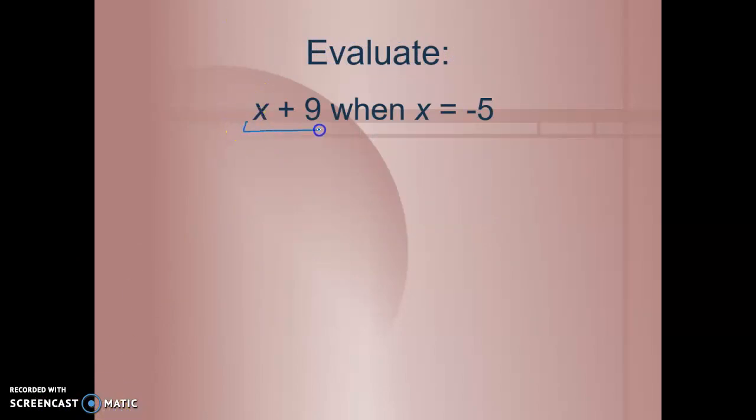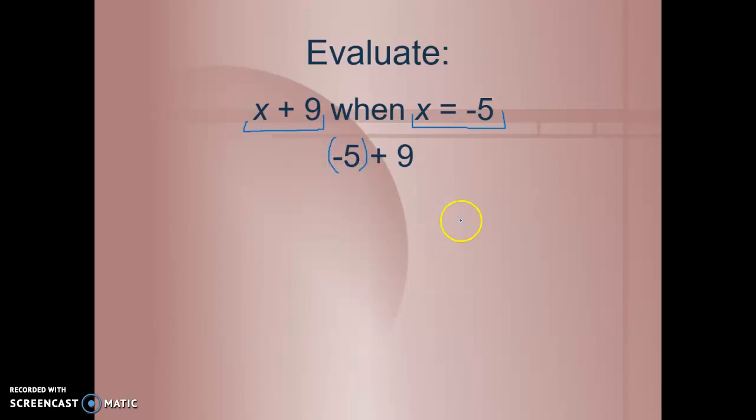You've been given the expression x plus 9, and you're being told to evaluate it when x equals negative 5. So what we're going to do is plug in that negative 5 every time we see an x. When I was in school, my math teachers called this plug and chug. So we're going to call it plug and chug. So I originally had an x here, and I'm going to substitute in that negative 5.